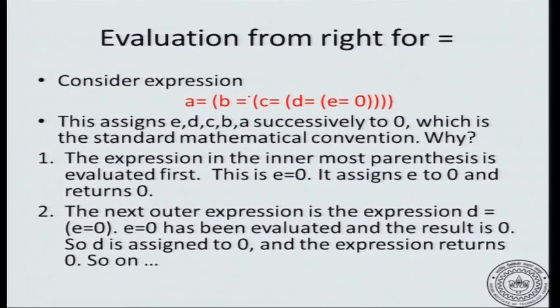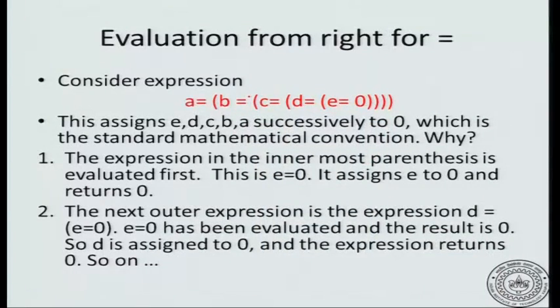So the expression is evaluated from right to left in the case of the assignment operation. For example, the above expression will be done as E equal to 0 first and then backward until A is assigned.